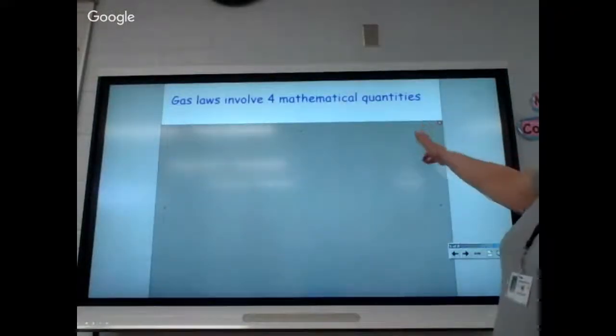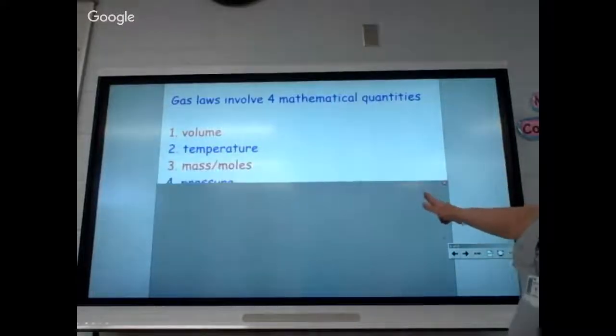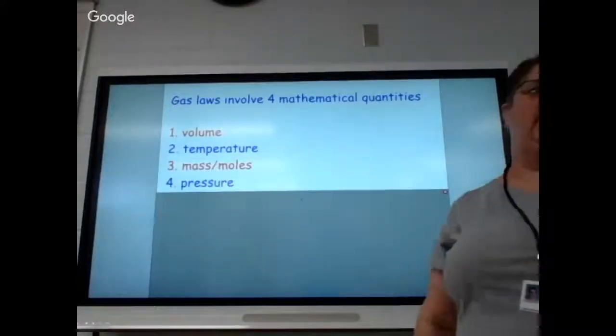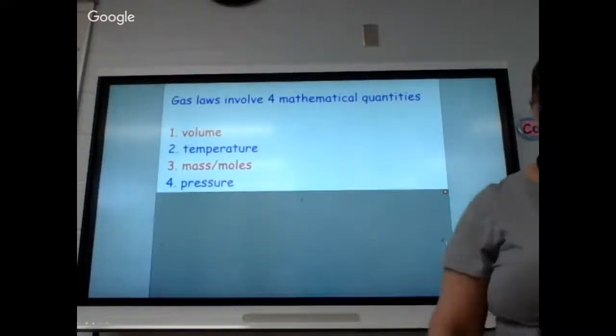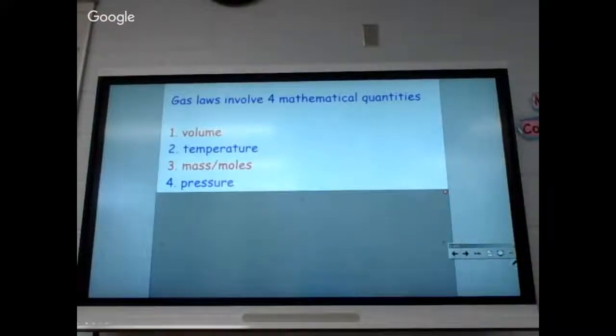All right, so we're going to switch to math for about the next 6, 7 days. All right, we're going to calculate 4 mathematical quantities in our gas law problems. All right, we're going to calculate with volumes, temperatures, mass of moles, and pressures.